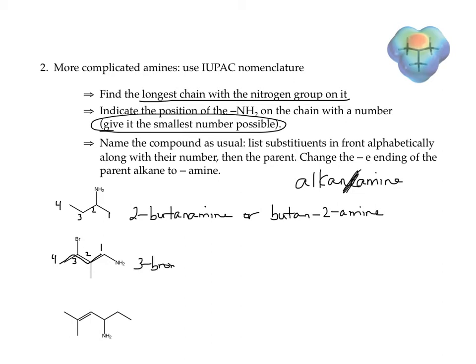We have 3-bromo, 2-methyl, and it's butan again. Now I do have to put 1-amine because that NH2 could be anywhere on that chain. So I do need to indicate that it is at number 1. So 3-bromo, 2-methyl, butan-1-amine.